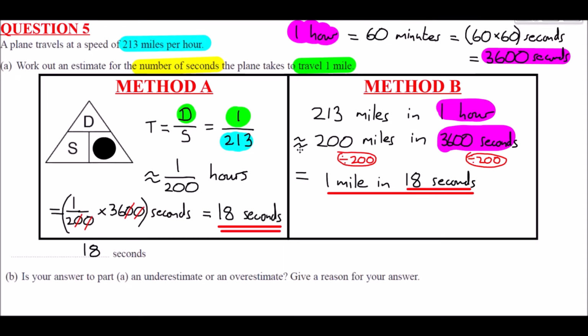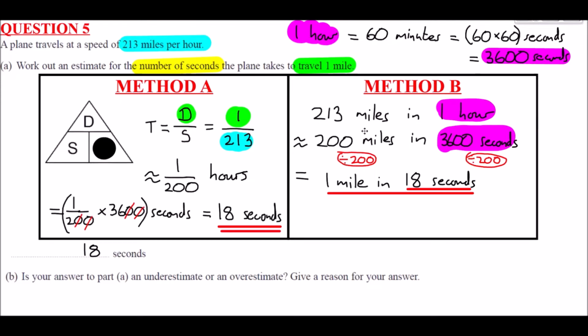Finally, it says, is your answer to part A an underestimate or overestimate? Give a reason for your answer. Well, here what we've done, we've rounded down how far the plane travels in 1 hour. It actually could travel 213 miles in 1 hour, but we've estimated it down to 200 miles in an hour. So our estimate has slowed the plane down.